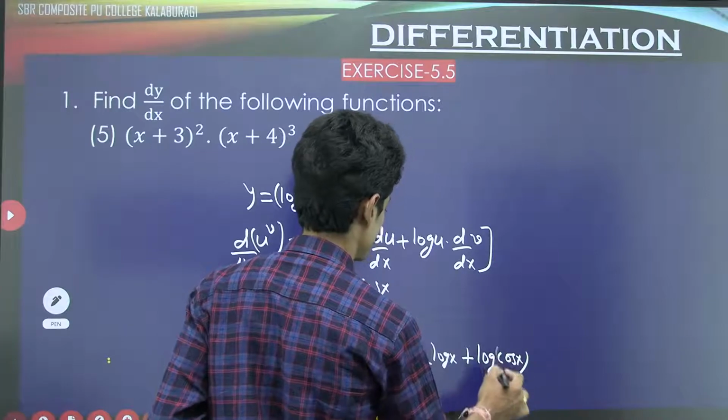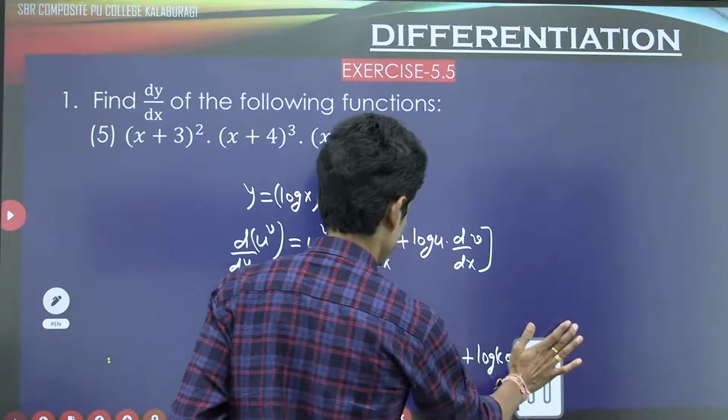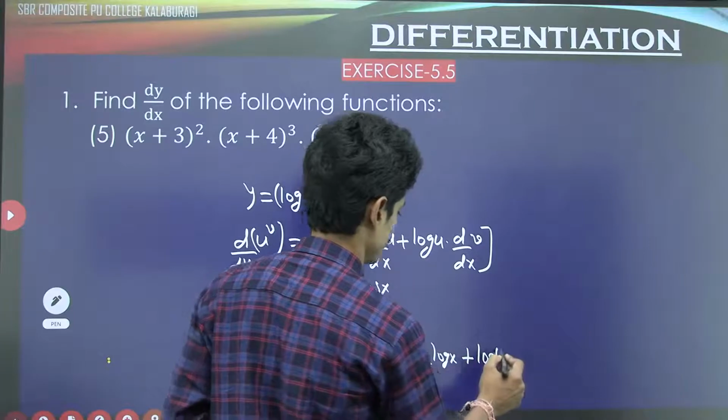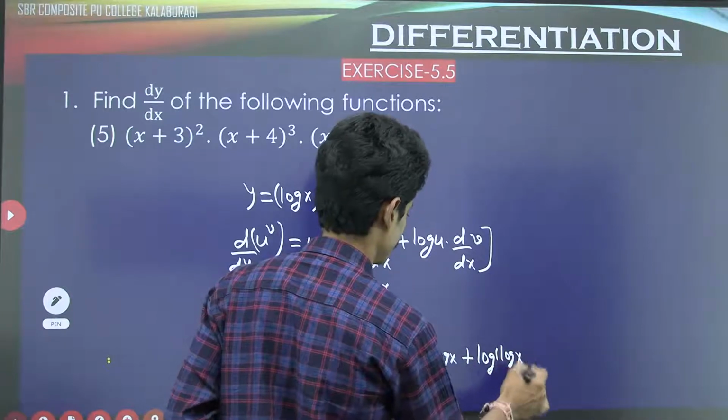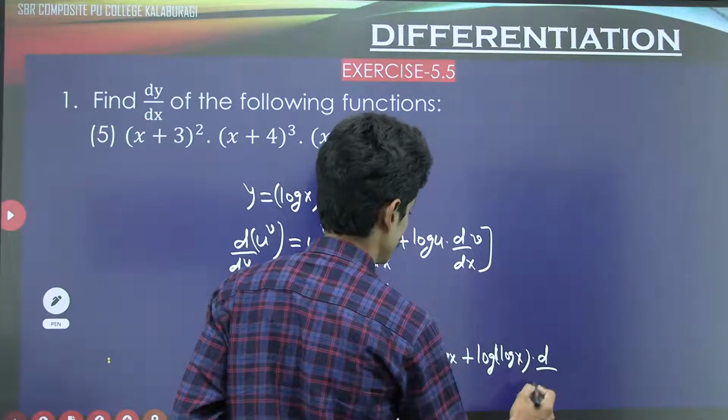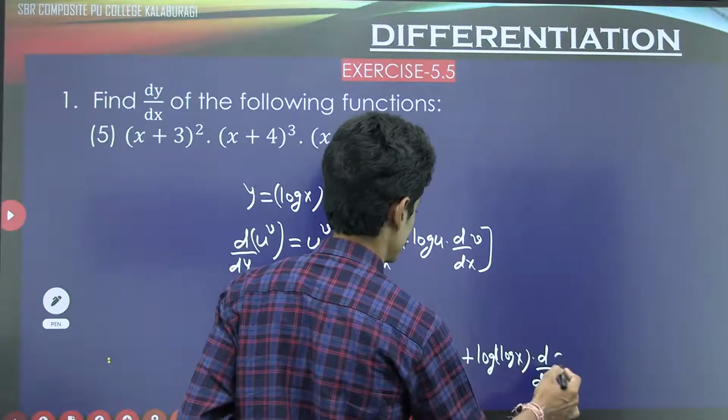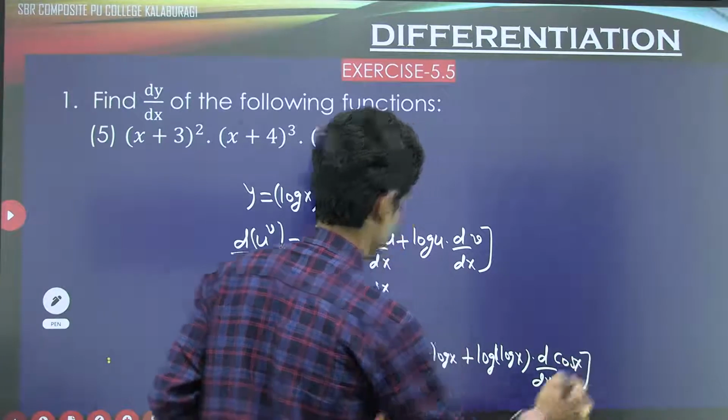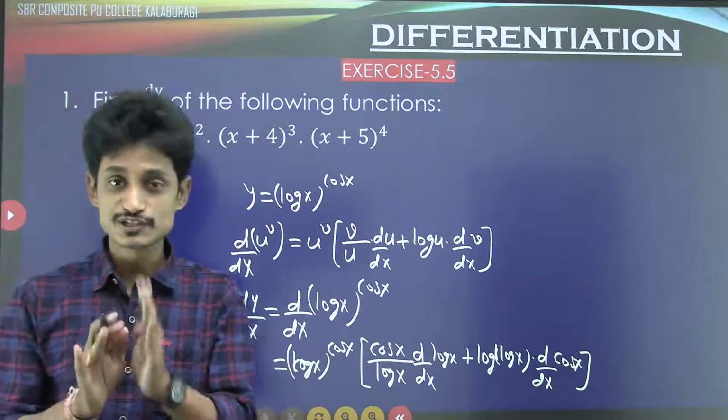The base function is log x, right? Log of log x into d/dx of the power function, cos x. I have just arranged it in that formula.